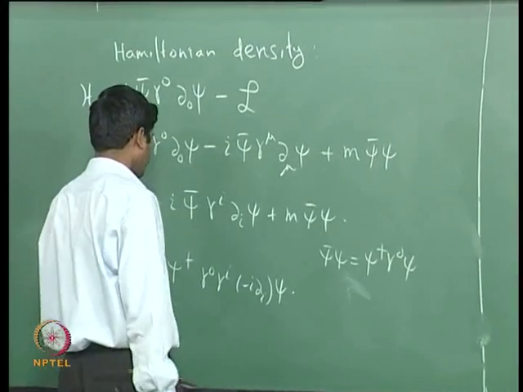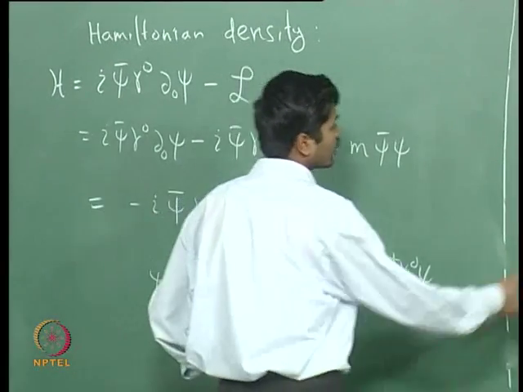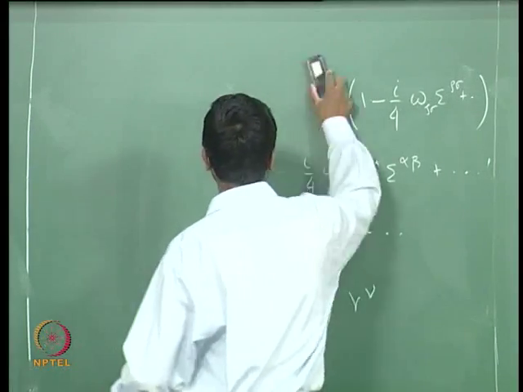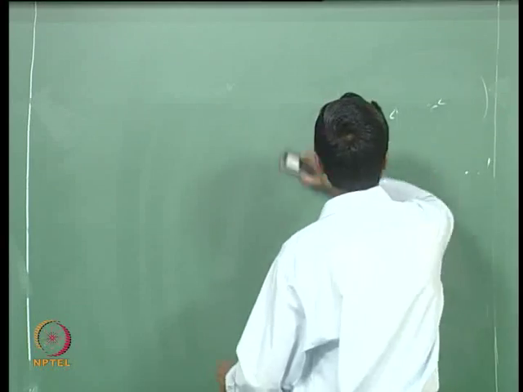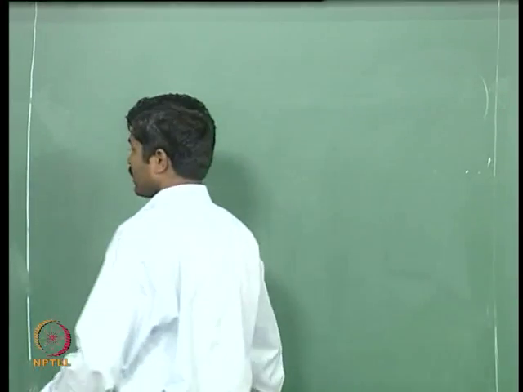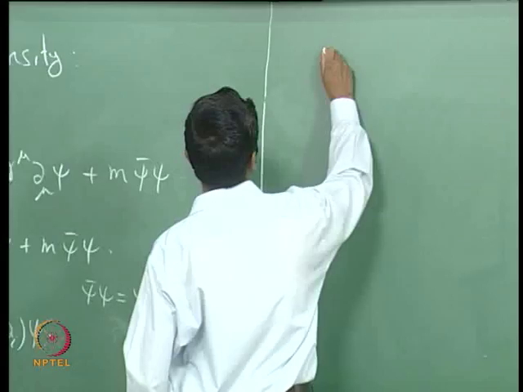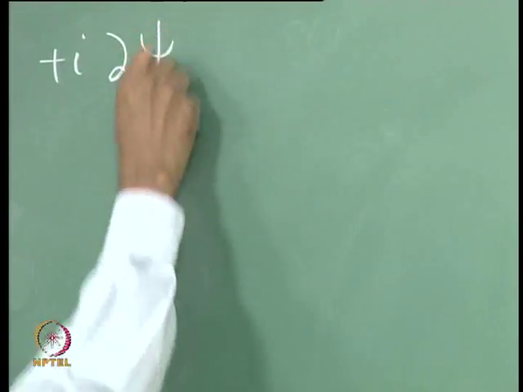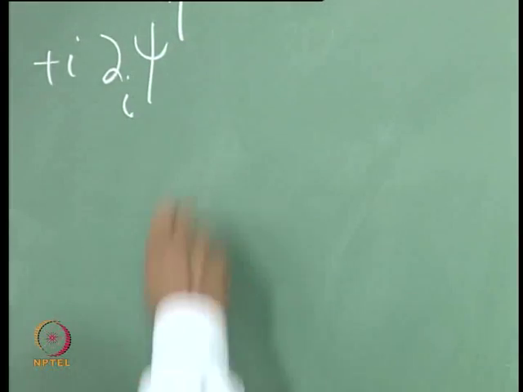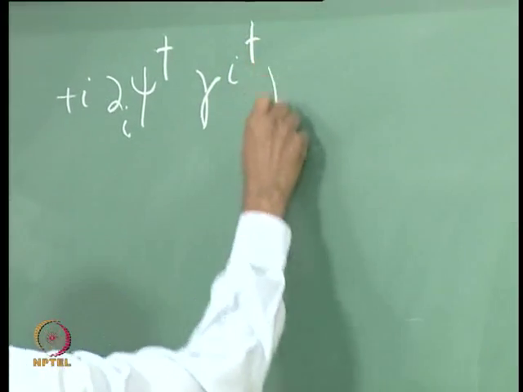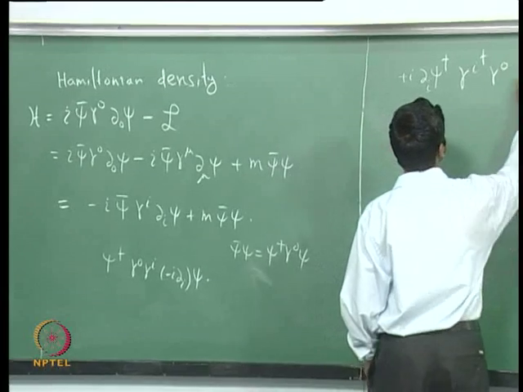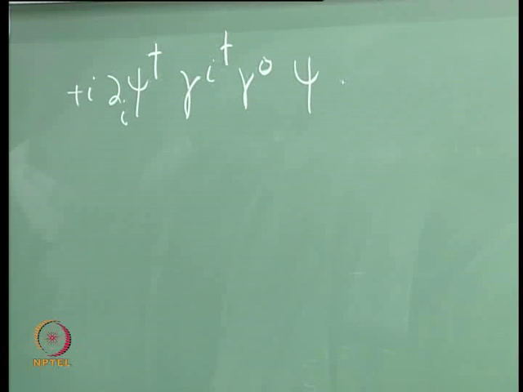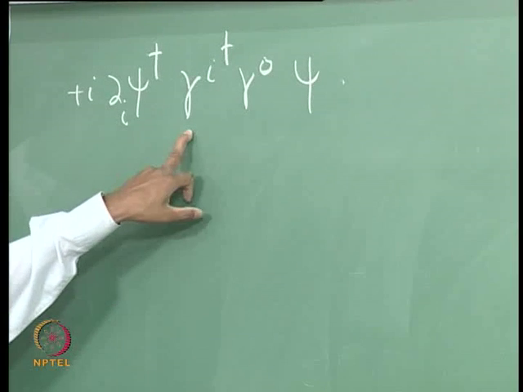So, let's just take the Hermitian conjugate of that. It's just minus i will give you a plus i del i psi dagger and then gamma i dagger gamma 0 psi, right. And what is gamma i dagger?